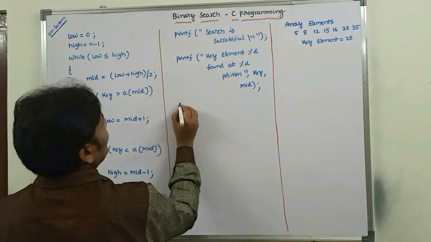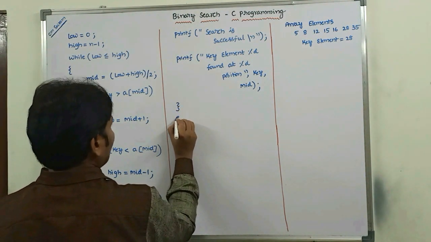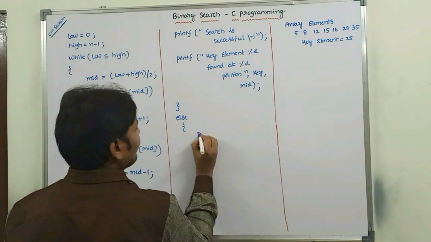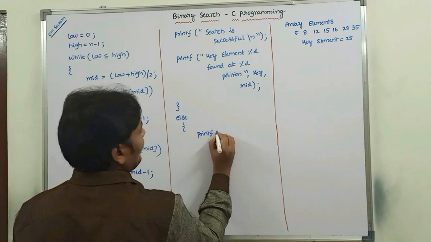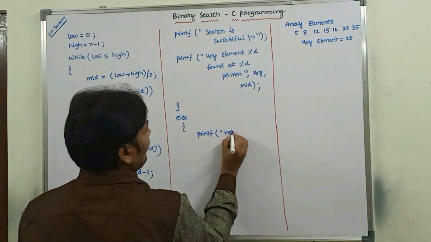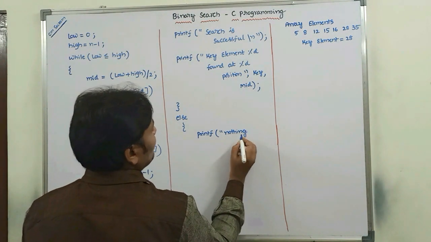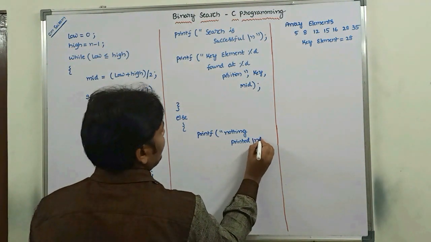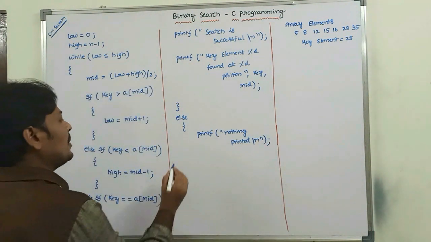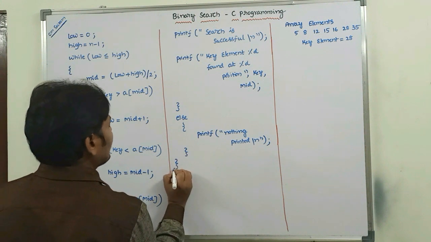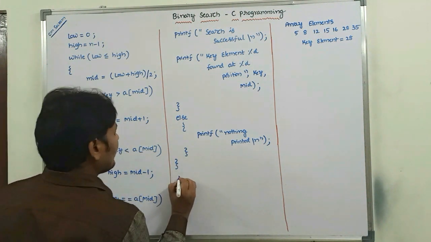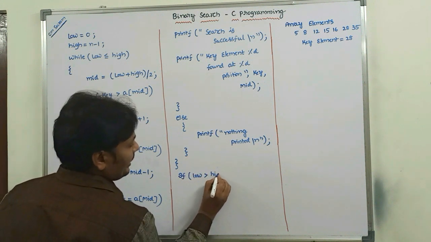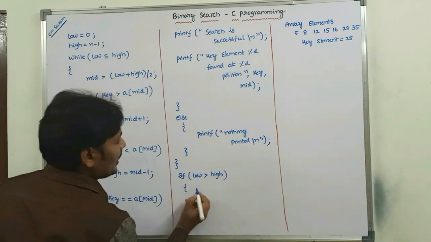Then we have to close. After that, else, nothing printed. So printf("nothing printed\n"), double quotes and parenthesis close, semicolon, else close. Next one, if low value is greater than high, brace begin.